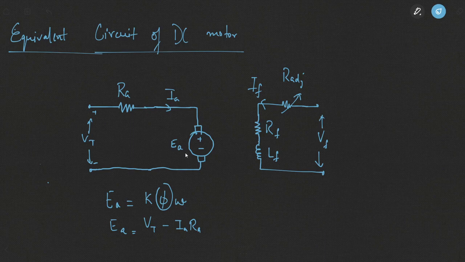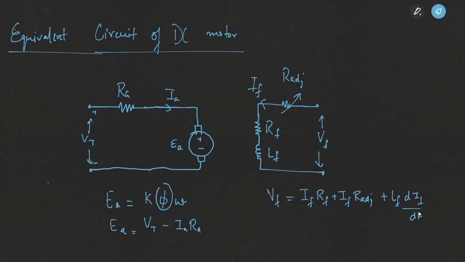So this here represents our field circuit, and we can represent it as simply equivalent to IF RF plus IF R adjustable plus LF DIF by dt. Fine. So again, if the field current is constant, you can show LF as a short across this field winding.